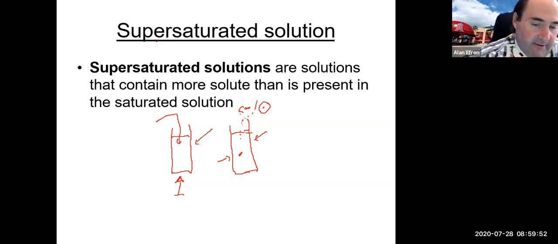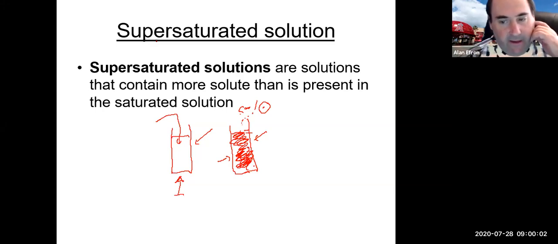And what will happen, it will go from a solution to a rock hard solid, as all the solid will come out of solution at that point. So in a supersaturated solution, typically you have way too much solute dissolved in that solvent for that particular temperature, and it creates a very unstable type of solution.